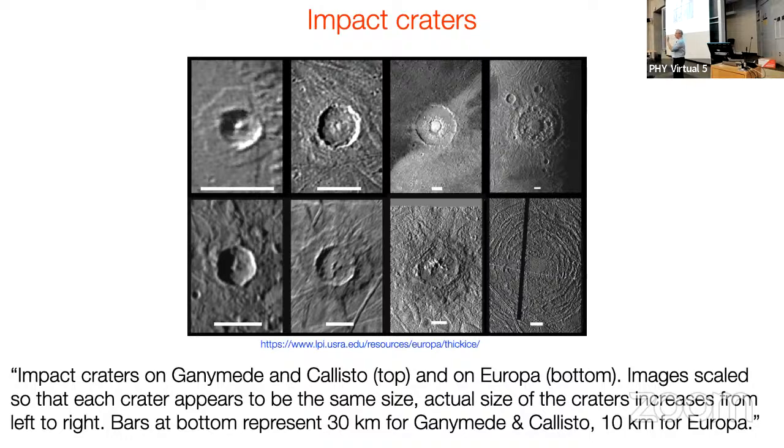That is, the same face of Europa always faces Jupiter, just like our moon always faces us. So you'd expect maybe that the fact that one side always faces Jupiter would mean that you'd have more craters on one side than on another, because some of it is protected by Jupiter and so on.